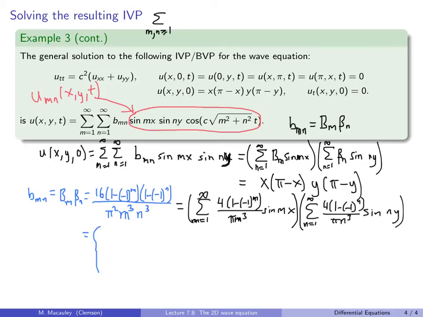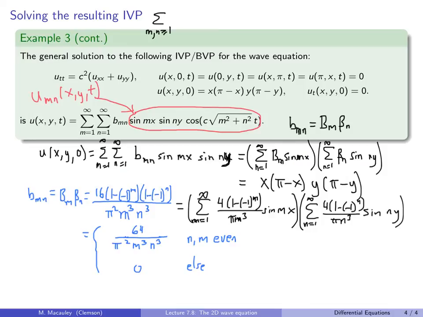So this really is just 64 over pi squared m cubed n cubed when they're both odd, otherwise it's 0. So this coefficient is only going to be non-zero when m and n are odd.